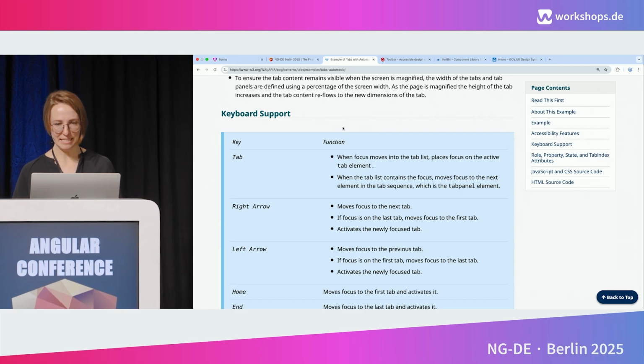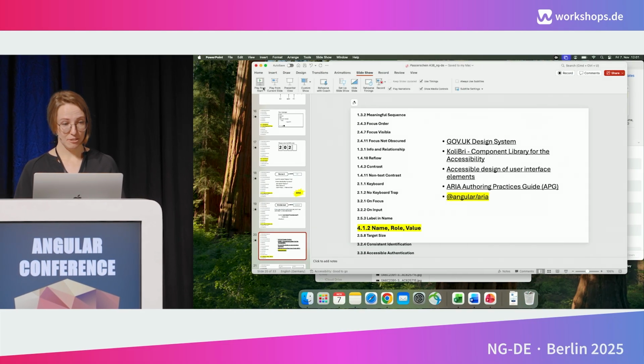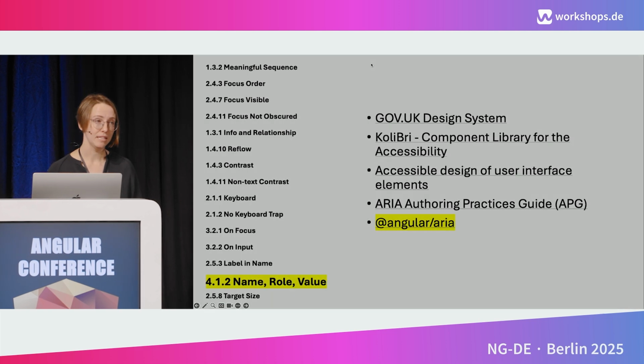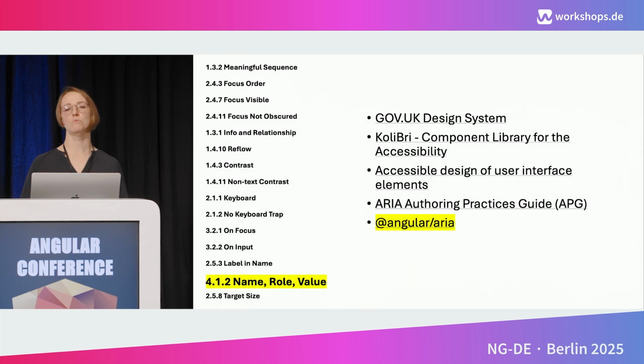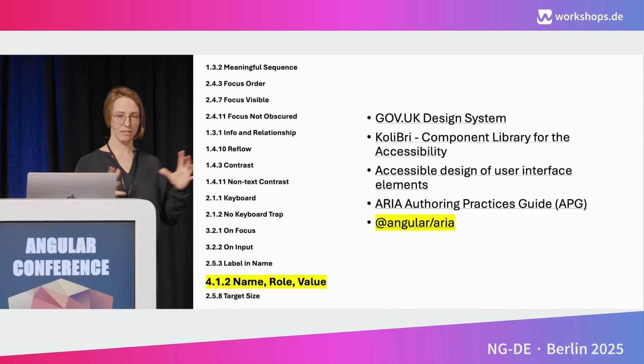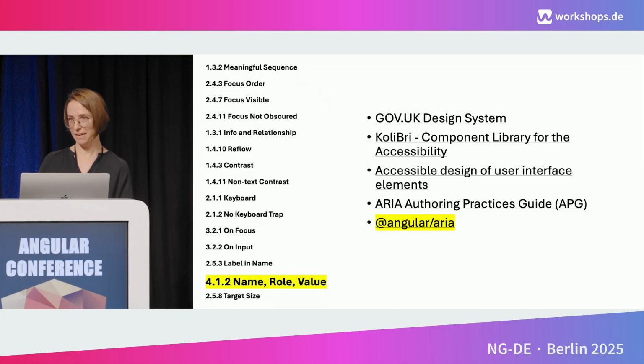The last but not the least, and I'm happy to announce it, is Angular ARIA. It's a new package which provides headless UI components. And actually, it's worth a whole talk, and I will probably do it next time.